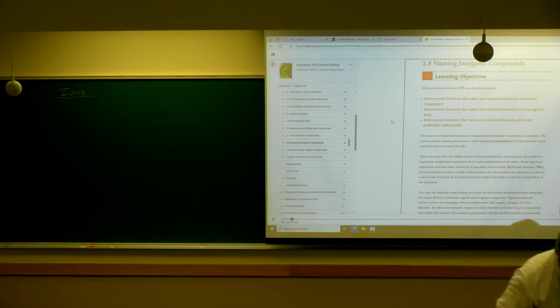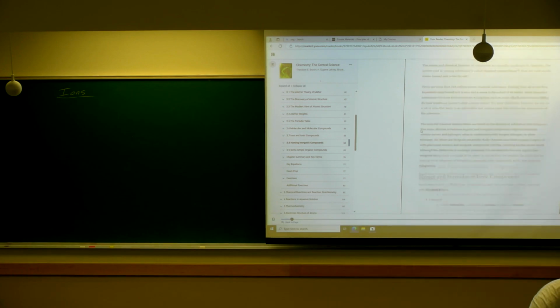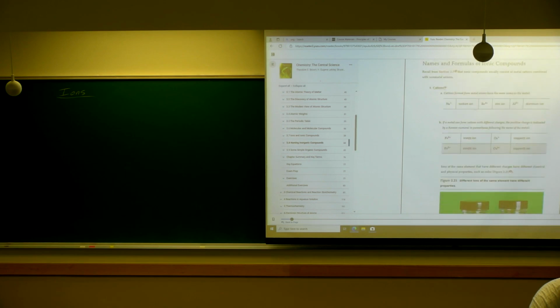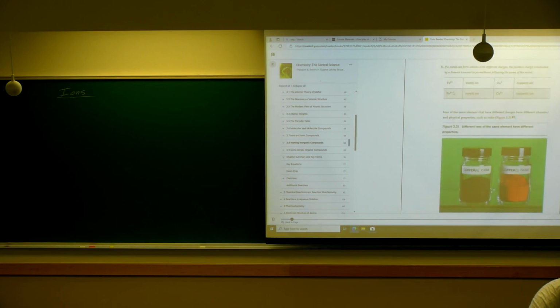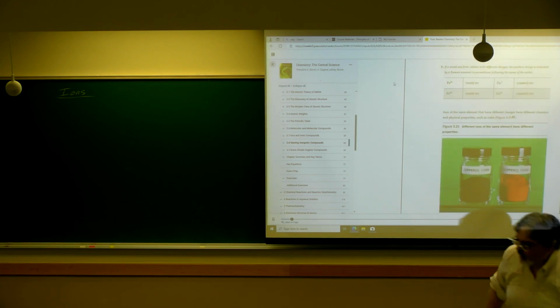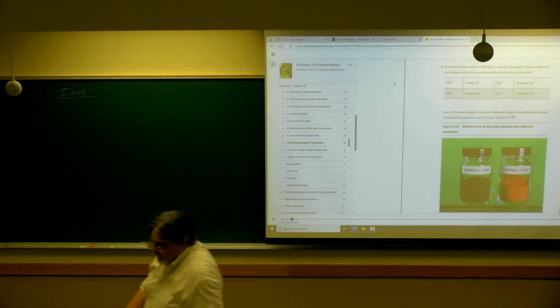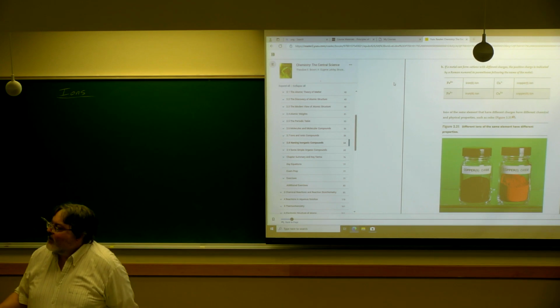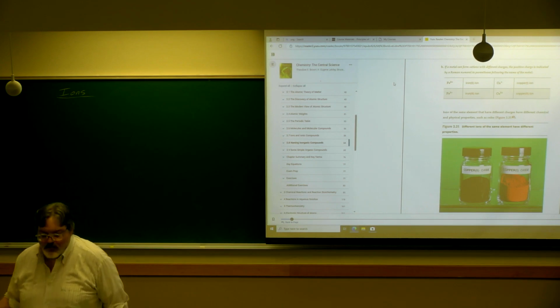So the next one in my list were the unpredictable charges that weren't predictable. So they start here and they show you some of the predictable ones. But here we are with iron and copper, sort of the canonical examples. Iron and copper, there's iron and there's copper. They're in the transition metals.